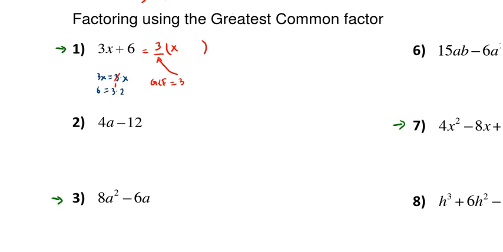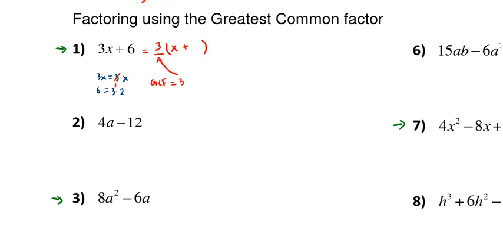So the same thing for the other one. This should be a plus. So you can think in two different ways. What do I need here so that when I multiply 3 by this quantity, I get 6? How can I get 6? Well, that has to be a 2 because 3 times 2 is 6. Or again, you think about taking out the 3 because the 3 is outside already.